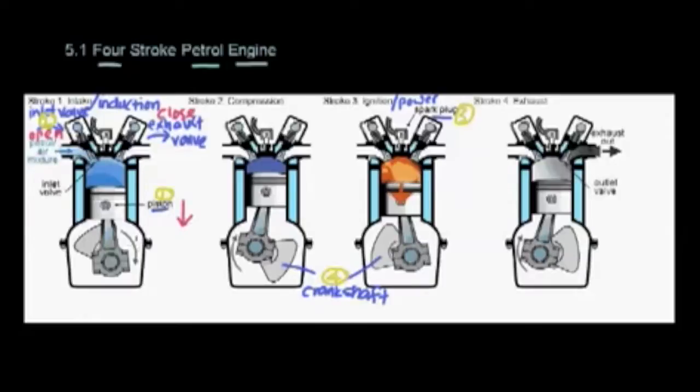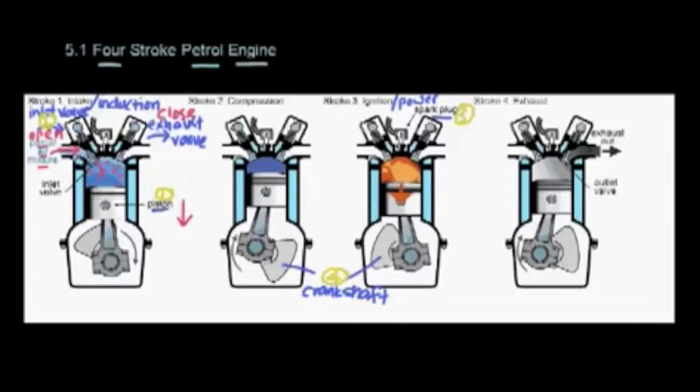So the mixture of petrol and air can be sucked into the cylinder through the inlet valve, and the inlet valve will close when the piston reaches its lowest position. So during the induction stroke, petrol and air mixture is actually being vacuumed into the cylinder.